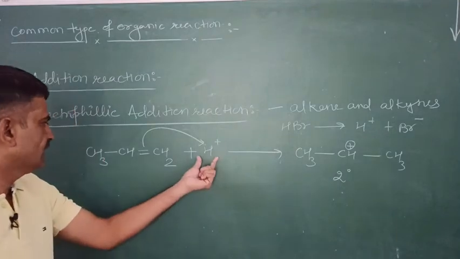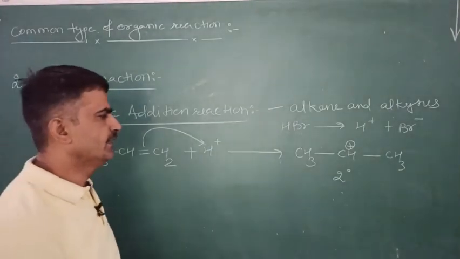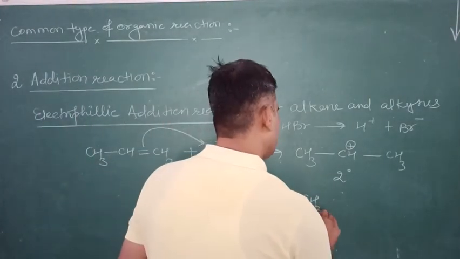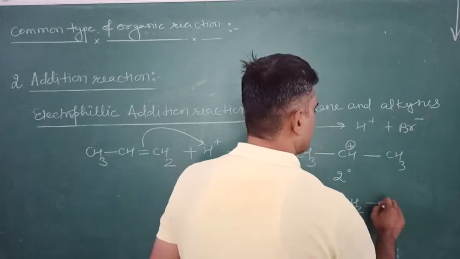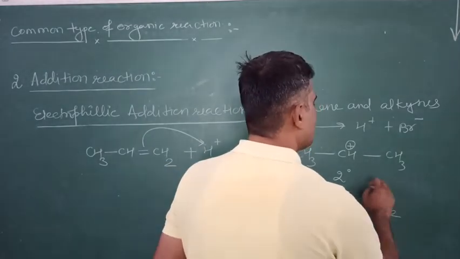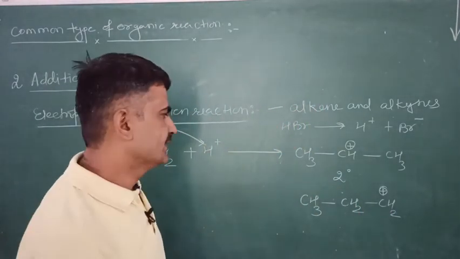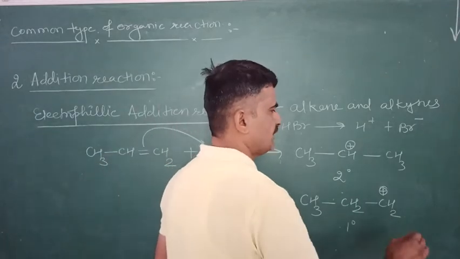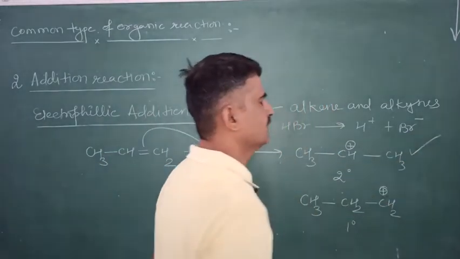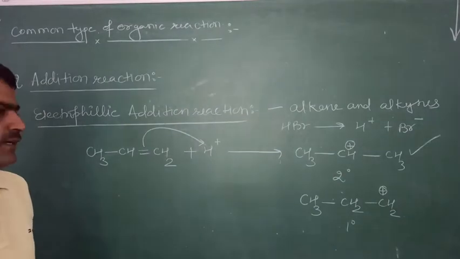If this hydrogen attaches to this carbon, it forms a primary carbocation. Which type of carbocation is more stable? Secondary carbocation is more stable. That's why we will take this as the reaction intermediate.